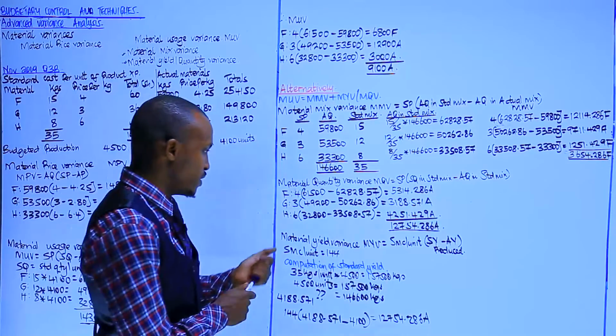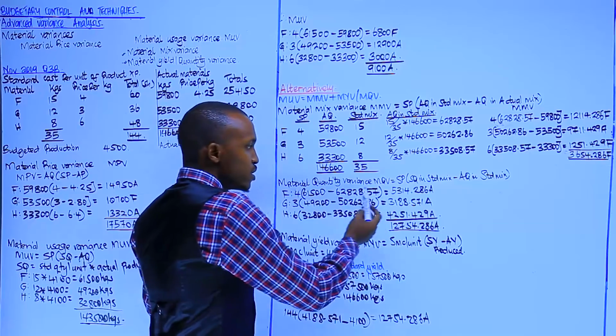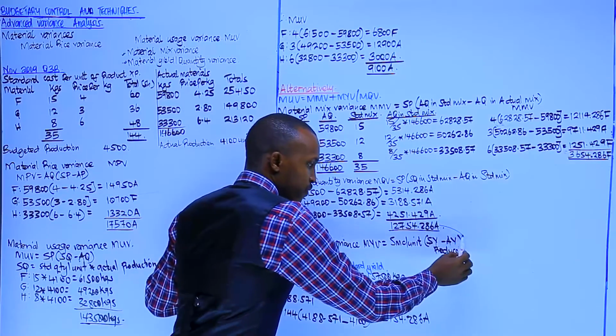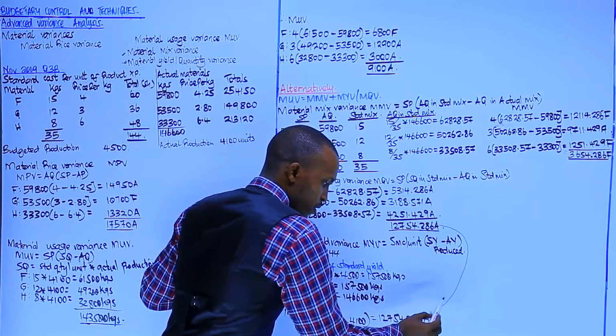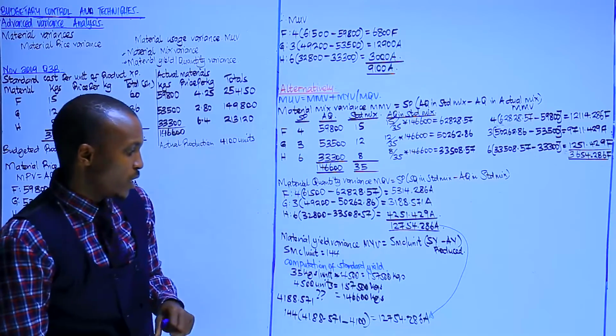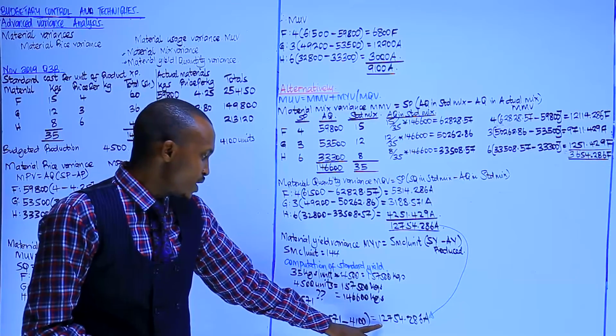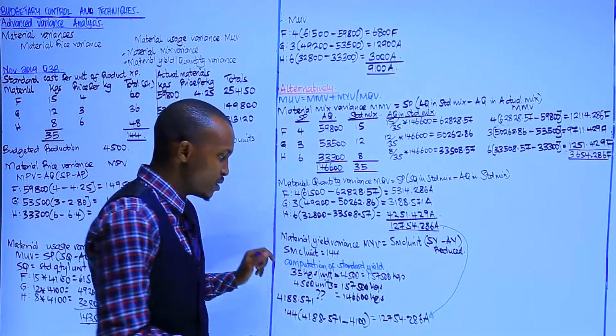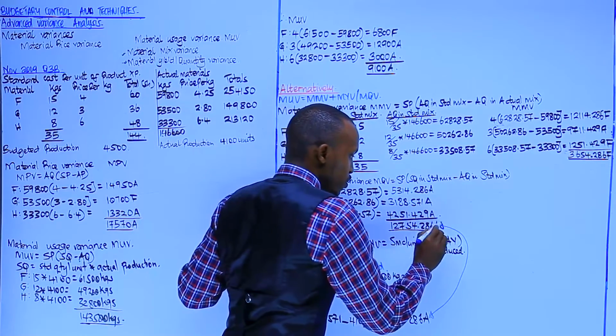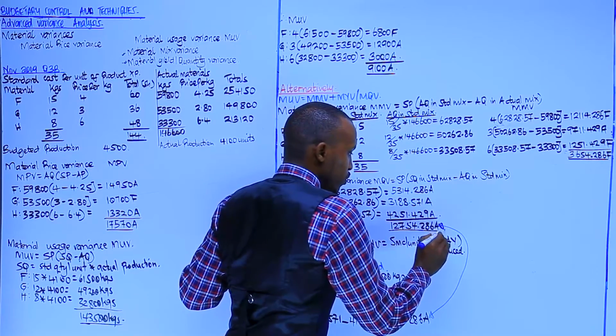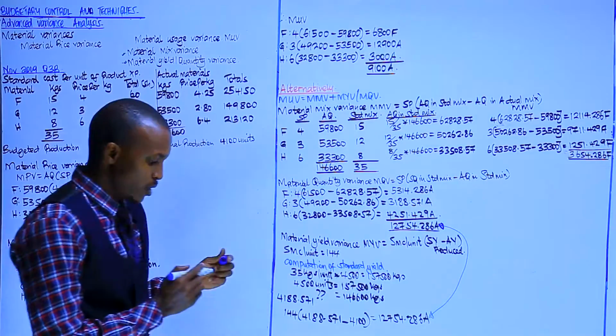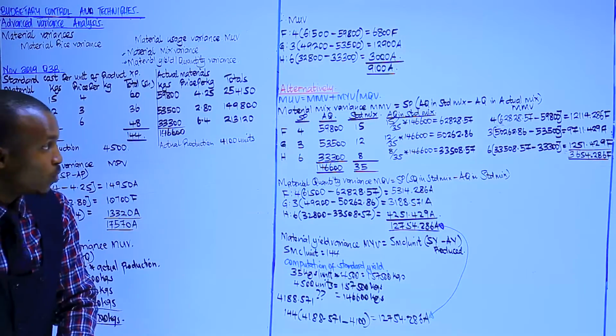Let's confirm that that is indeed the case. Your quantity variance is 12,754.286, which is very similar to your yield variance there. So those should be equal.